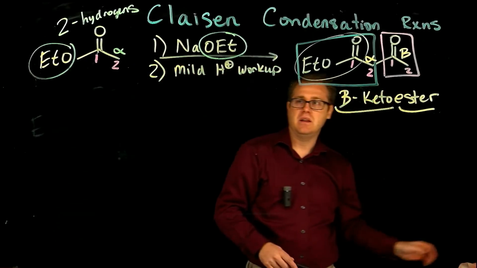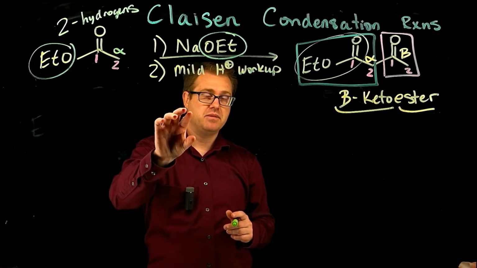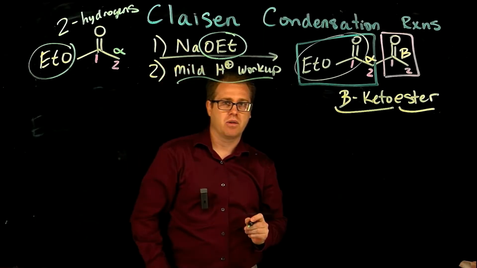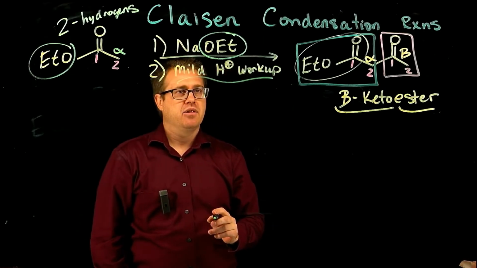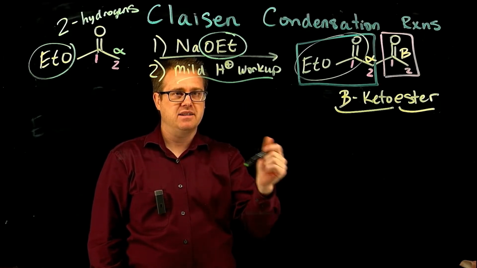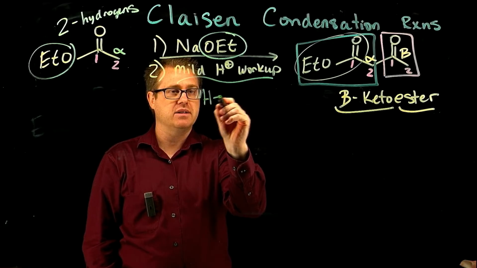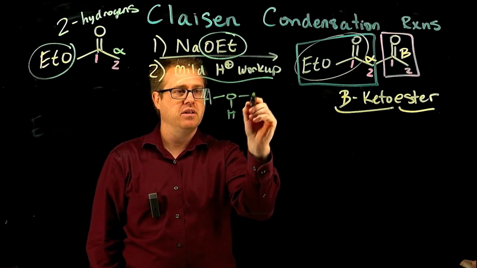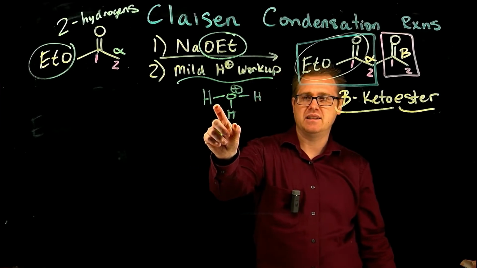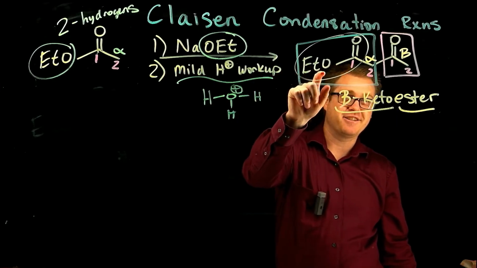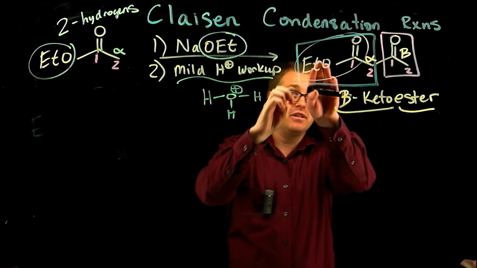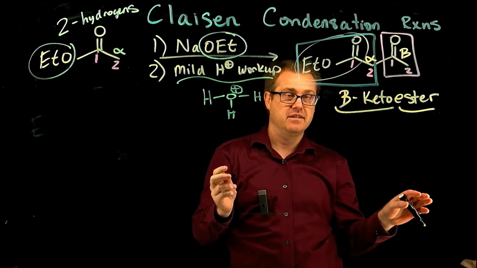All right. And then the next thing you need to remember is mild acidic workup. And the reason why you have to use mild is because if you use a stronger acid, let's say if you form the hydronium, what happens when you take esters and treat them with acid? You're going to hydrolyze this and turn it into a carboxylic acid.